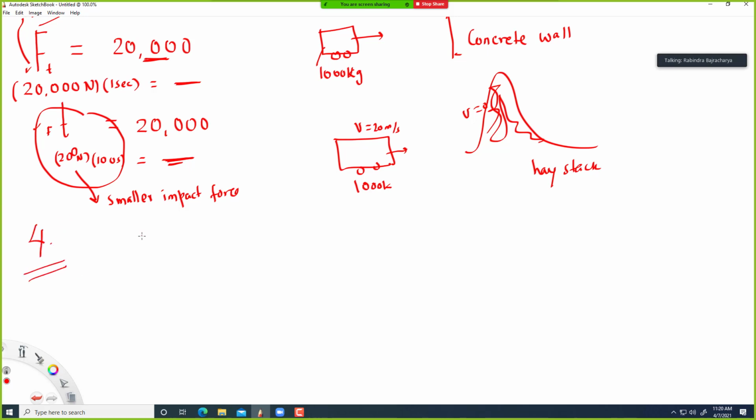You can find impulse in two ways. One is by using this formula, and another one is by using this formula. Impulse is final momentum minus initial momentum. Now you need to decide which one would be applicable to this problem. Should I use this one?